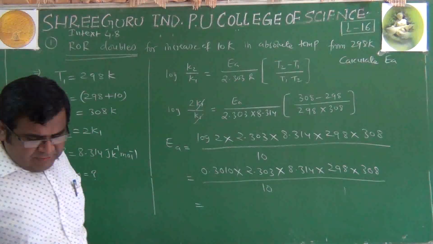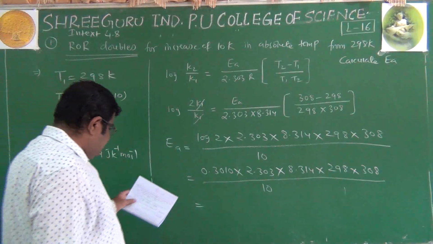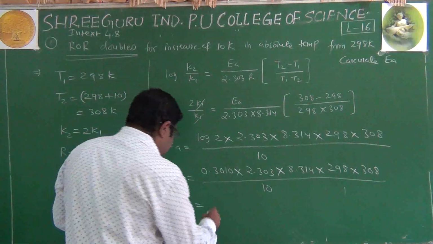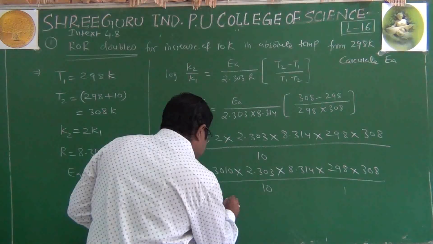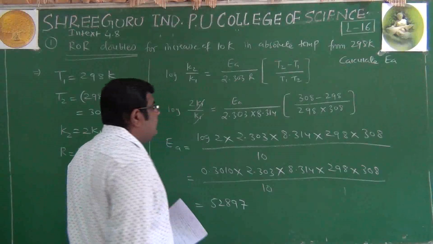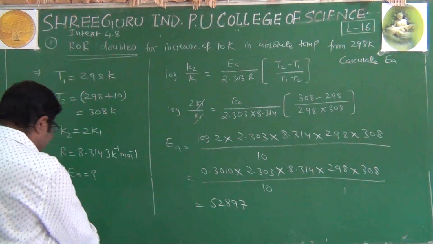We can use a calculator for that. Last step, what answer I have here, I will write it as 52897.